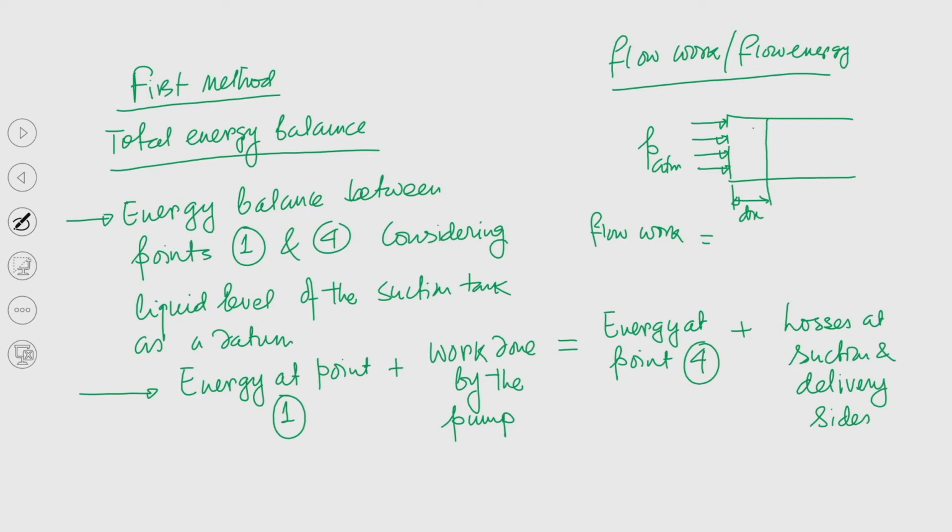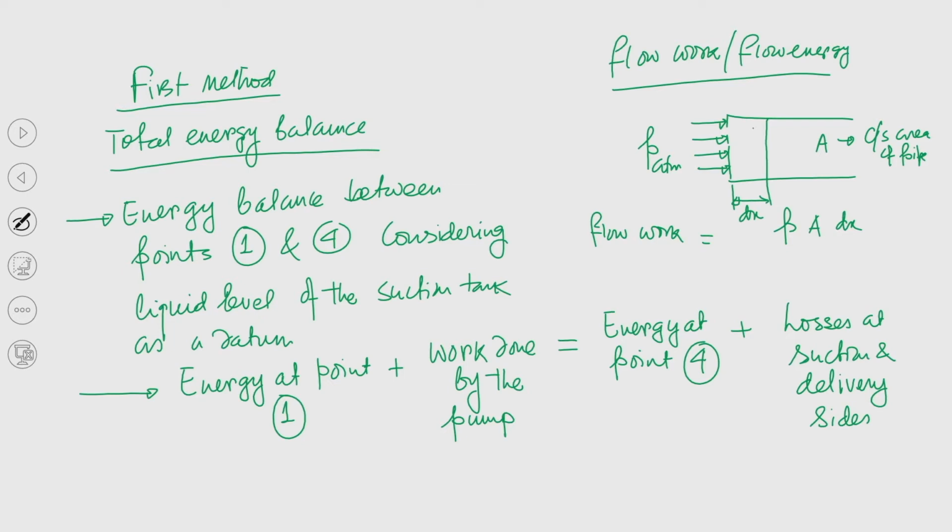So, to maintain the flow in presence of pressure, work is done on the fluid. So, that work is P into A, if A is the cross sectional area of pipe. So, P into A into displacement, that is the flow work that you have studied in fluid mechanics.